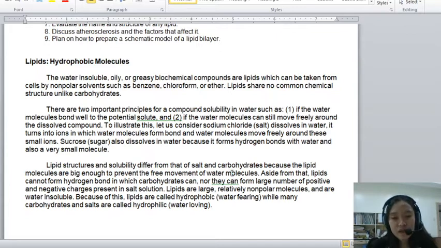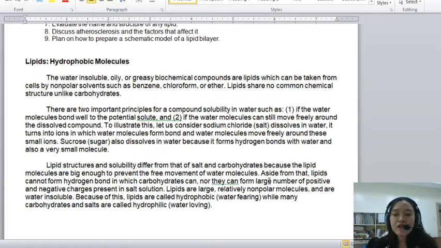So, the more hydrocarbons bonded, the more insoluble your lipids become. Unlike carbohydrates, whose molecules are generally small, the molecules of your lipids are big. So when the molecules are large, the water molecules no longer have free movement. Okay, so a mixture of lipid and water will be difficult.